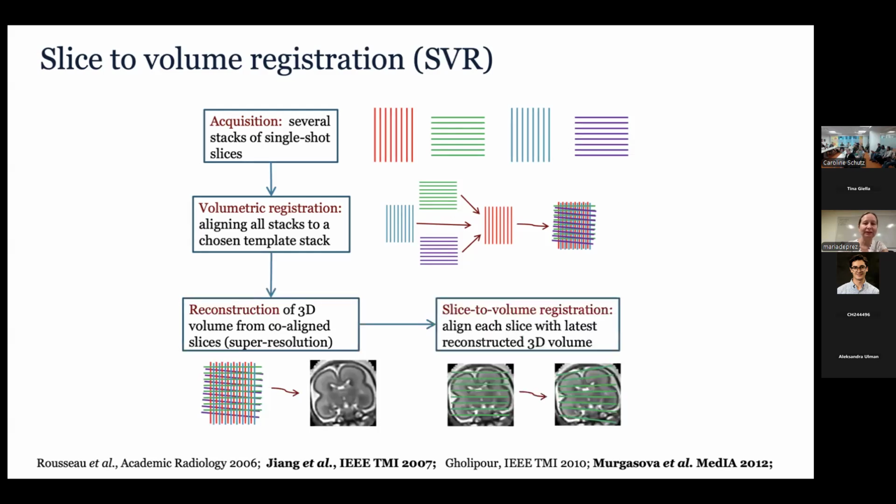So we can then register each slice separately to this volume, and we reiterate several times, and then everything nicely converges, falls into place. So we usually use just 3 iterations, so it doesn't take long to converge. And of course, it will depend on the level of motion. If there is too much motion, it might not converge. So it's not guaranteed to converge, but when we have good data, it does.